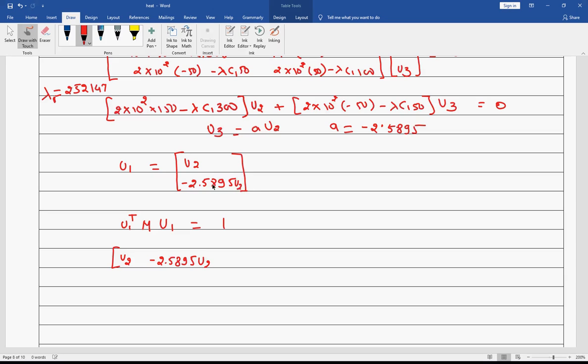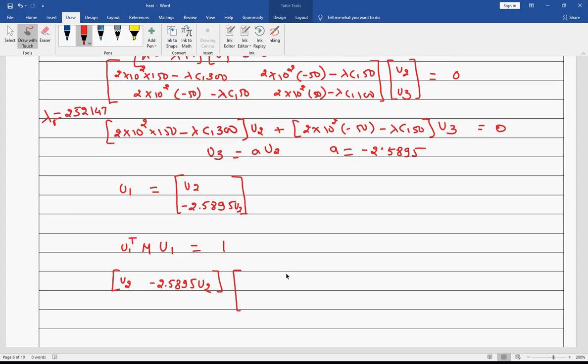Here it is in terms of u2, and the mass matrix is 300, 50, 50 and 100.